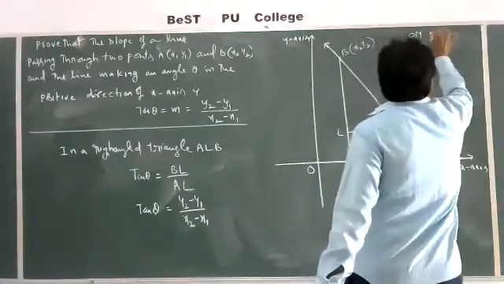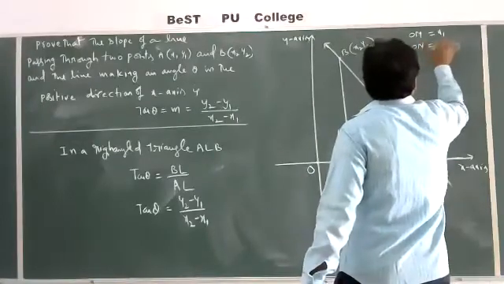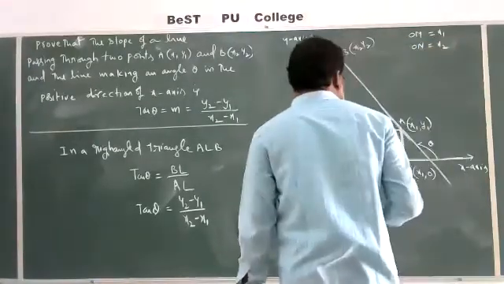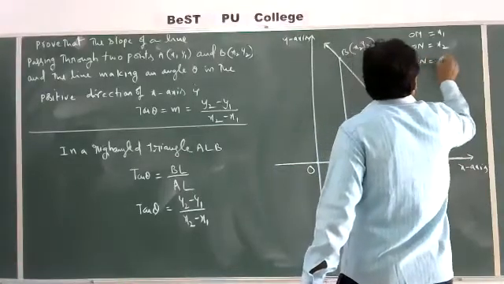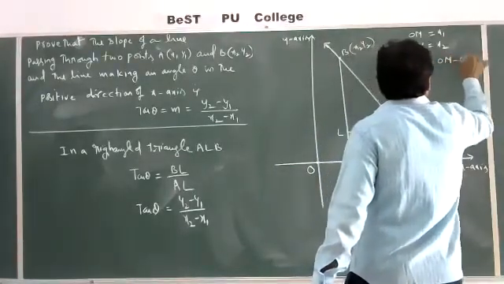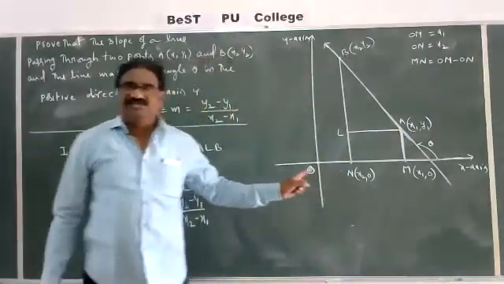OM is equal to x1, ON is equal to x2. So MN is equal to OM minus ON. Everyone draw this figure.